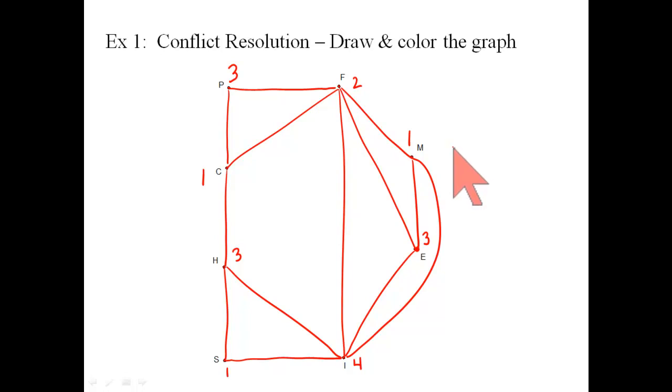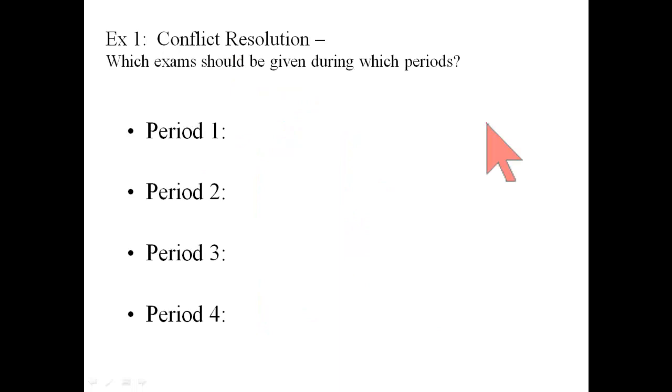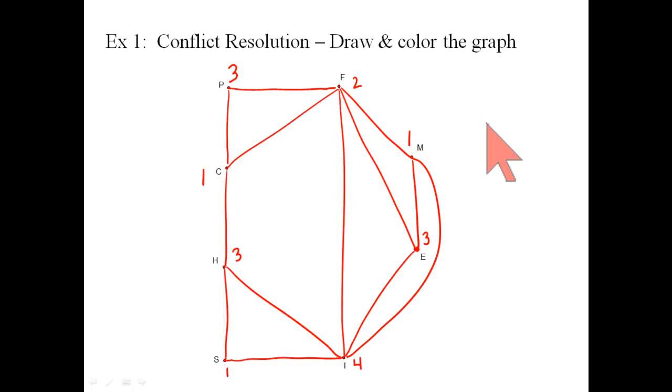Here is such a coloring, and then to translate this result back into the language of the original problem, what exams should be given during which periods? Remember, the numbers corresponded to the periods, and so color number 1 corresponds to exam period 1. That was chemistry and math and Spanish.